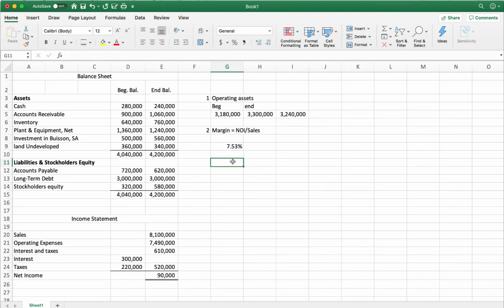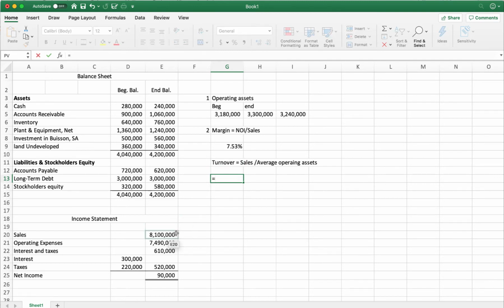The next thing we need to figure out is, what is our turnover? To calculate turnover, remember, we take sales and divide that by our average operating assets. So we already have our sales, right?